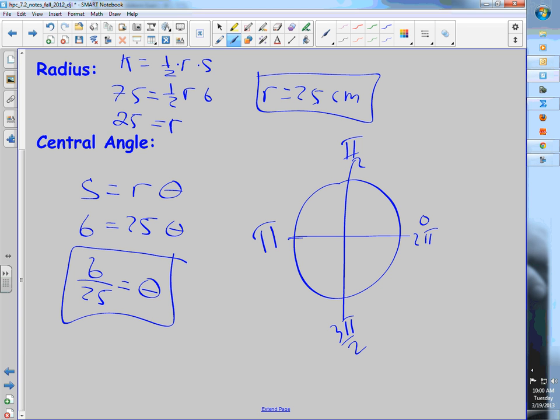From 0 to pi over 2, somewhere between 0 and pi over 2, you should have the number 1, right? You would expect that.